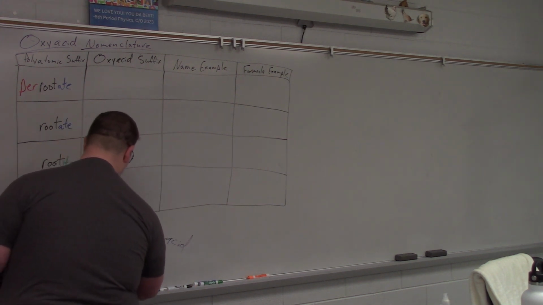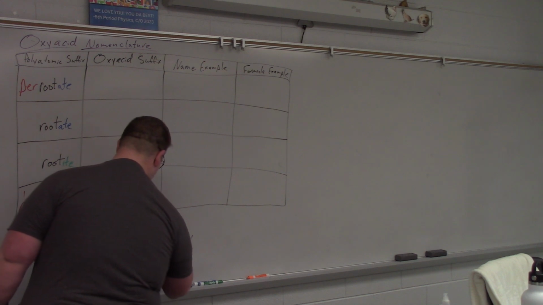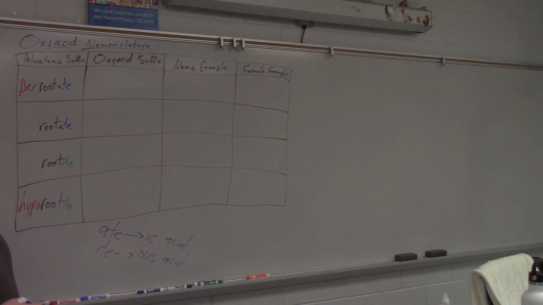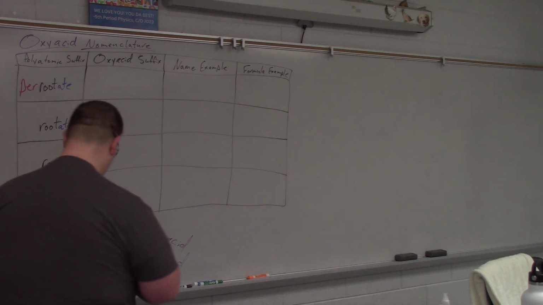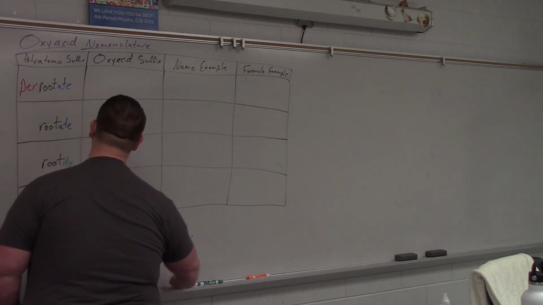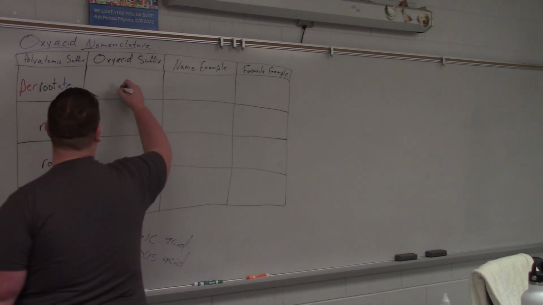Ite goes to ous acid, O-U-S. These things are the suffixes at the end. So everything stays the same. We still have the roots.